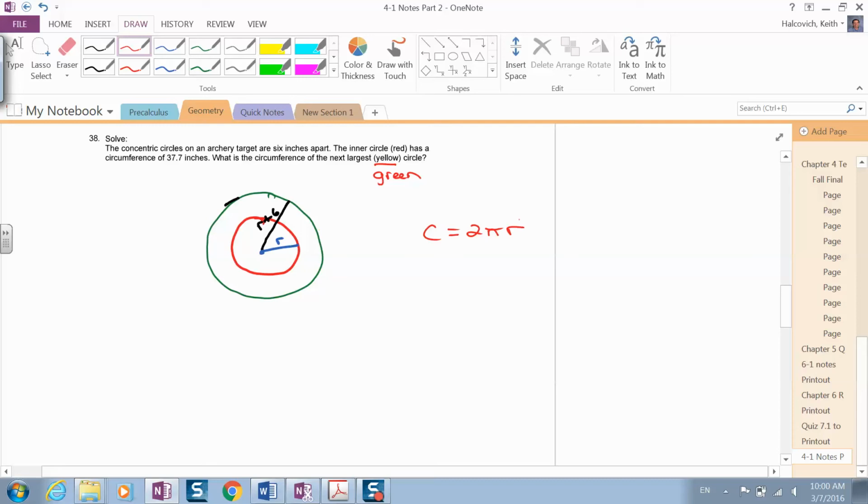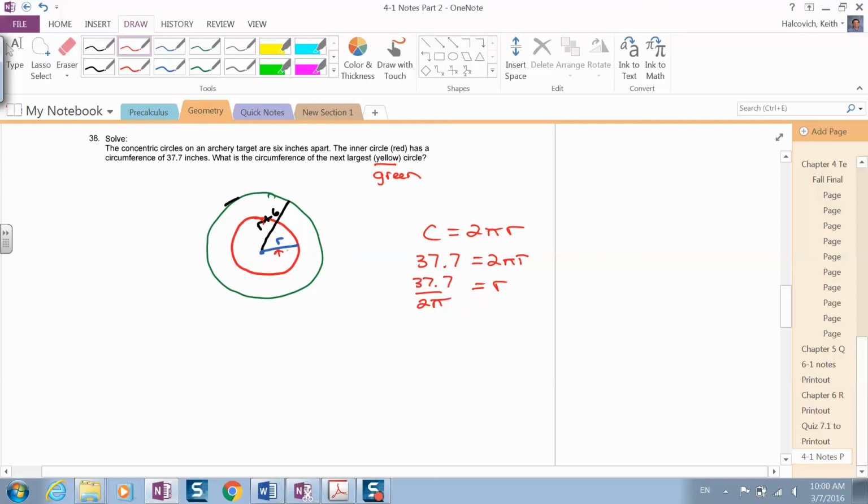The inner circle circumference is 37.7 equals 2 pi r. So the radius of the inner circle is 37.7 over 2 pi.